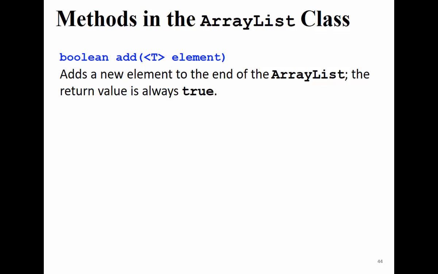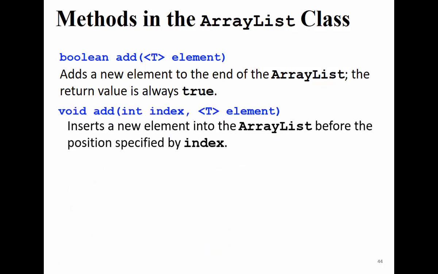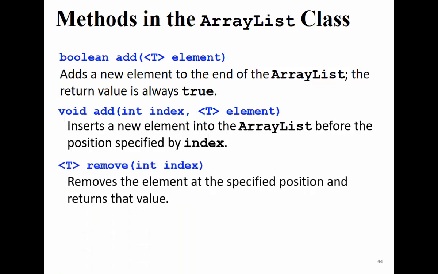So I can add to the array list, and I will get a return boolean if everything is okay. I can add at a specific index. I can remove from a specific index, and once I remove, I will return an object of type capital T, and in this case, capital T is a generic. It can be any object: person, rectangles, students, strings, anything, okay?